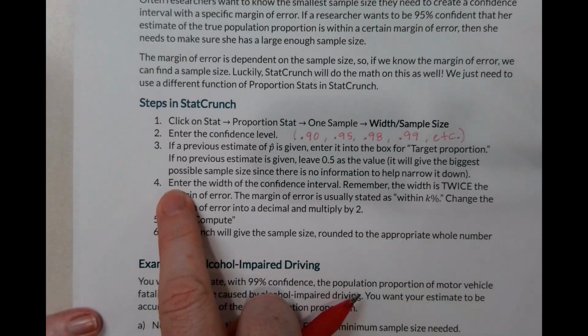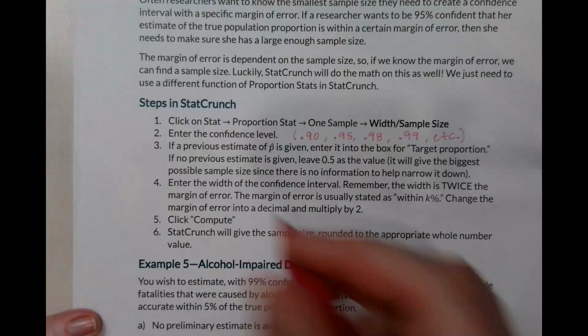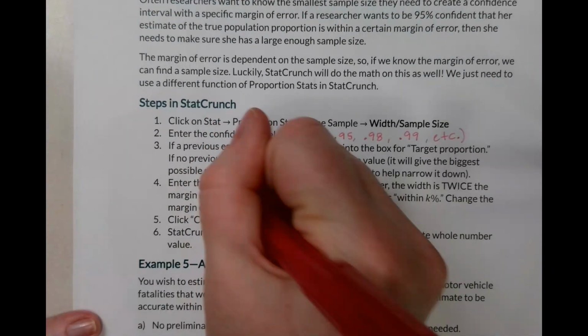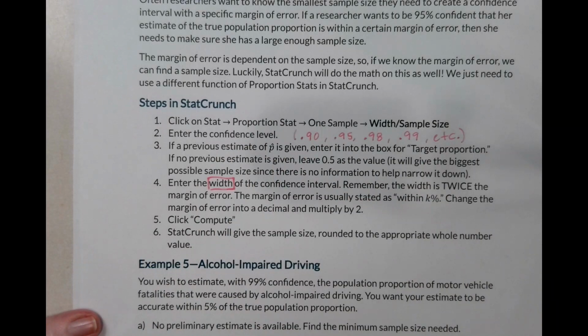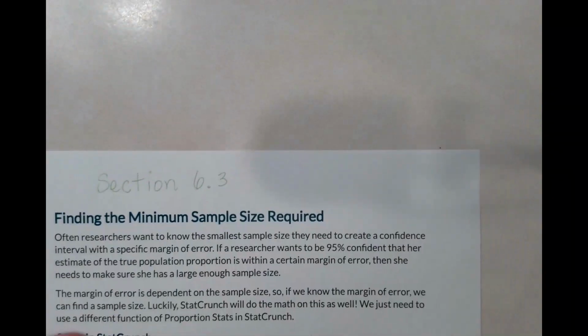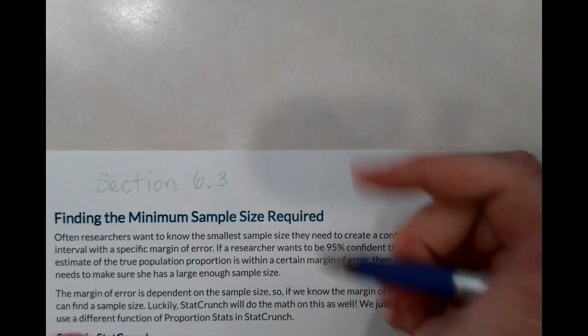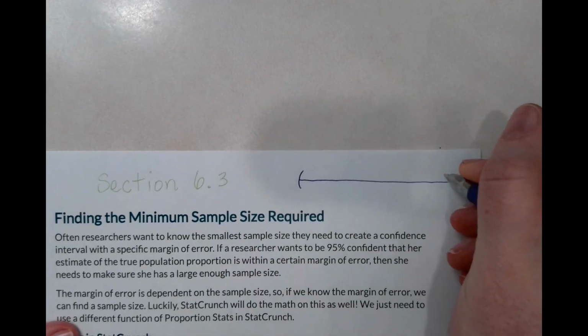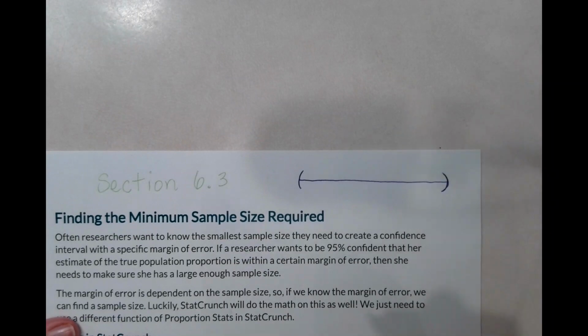Then we want to enter the width, and that is key. We're not entering the margin of error. We're entering the width of the confidence interval. So remember, when we were talking about our confidence intervals, there's our two endpoints.